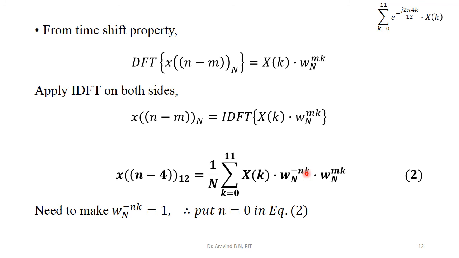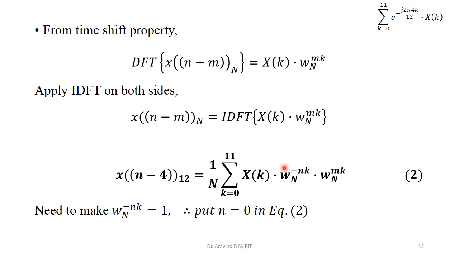For k I cannot make any substitution because k is associated with this summation. So I cannot substitute directly k is equal to 0. That is not possible. So the only left parameter is n. So for n I can make direct substitution. N is equal to 0, so that this particular term will become equal to 1.